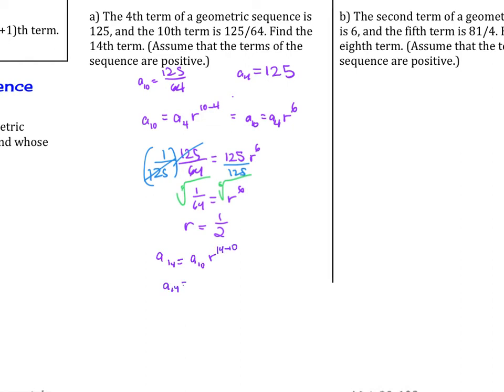So a sub 14 is 125 over 64 times the common ratio of 1/2, and 14 minus 10 is to the 4th power. We keep on evaluating: 1/2 to the 4th power is 1 over 16. And so you find that a sub 14 is going to be 125 over 1024.